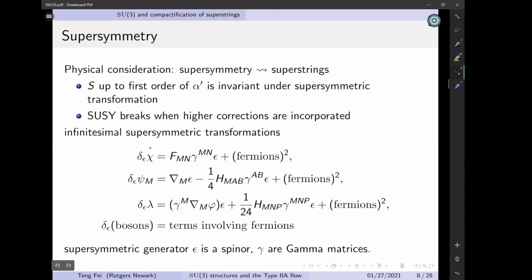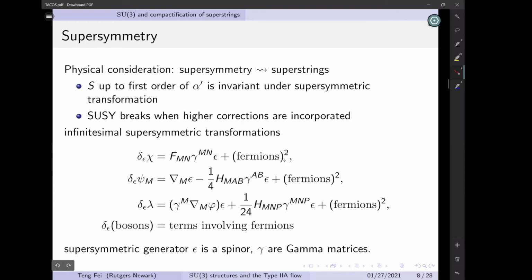So this F is the curvature of the gauge bundle. These gammas are the gamma matrices, which act on spinors. And H is this flux 3-form we mentioned before, and nabla is the Levi-Civita connection or spinor connection on the manifold.